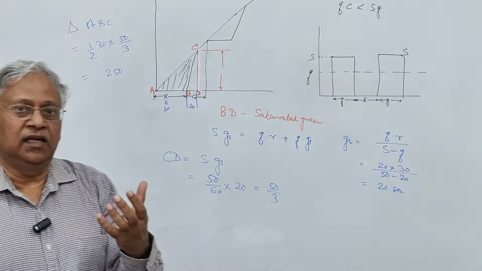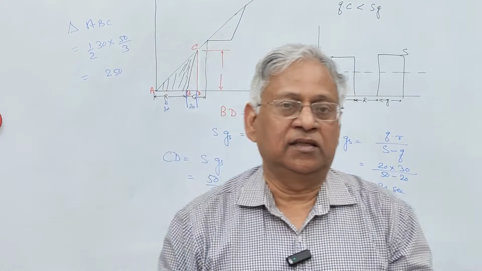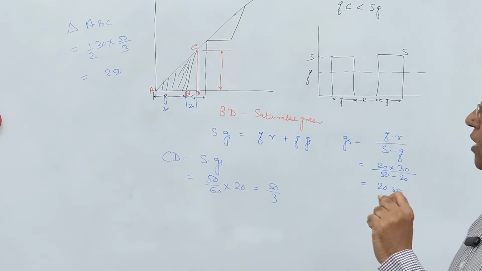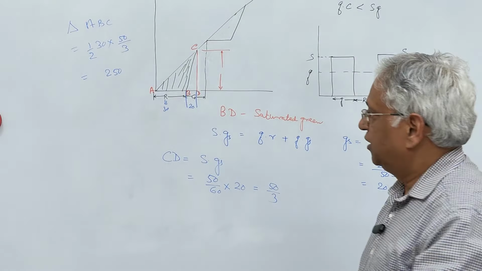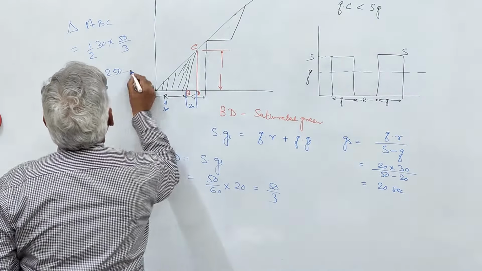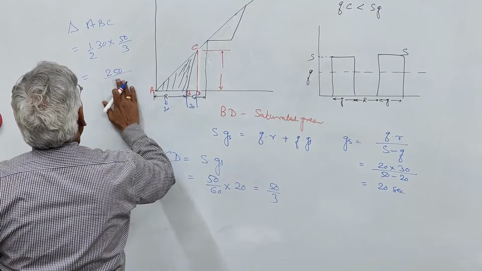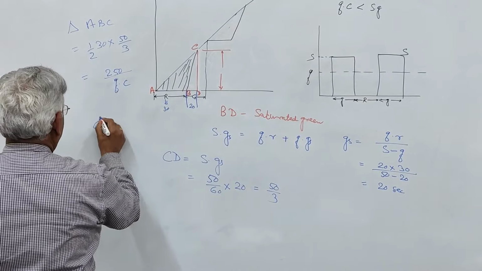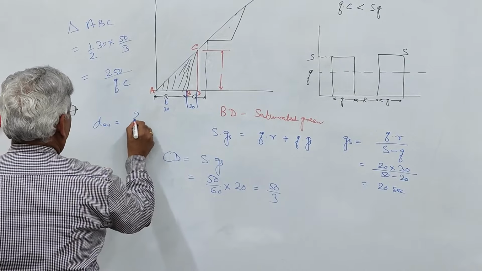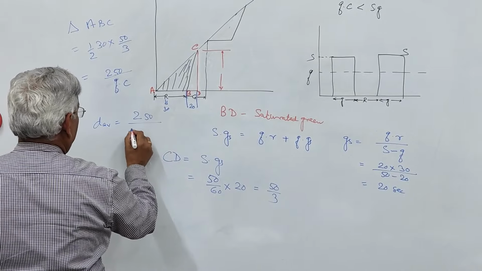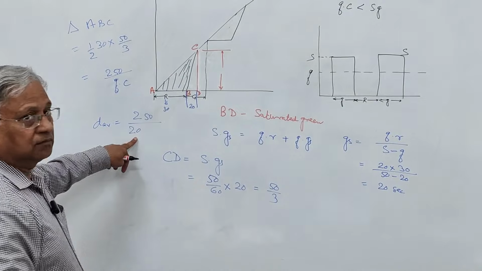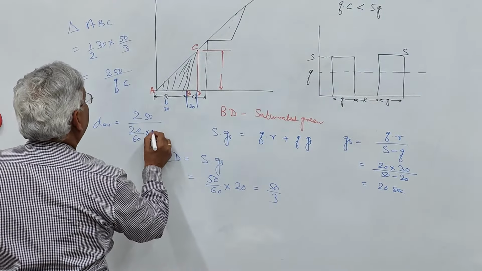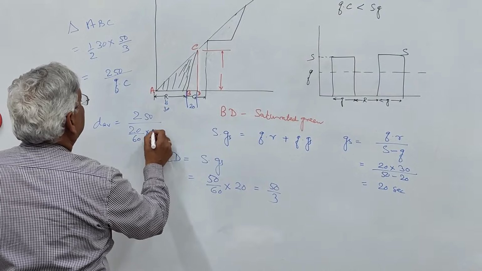That is the total delay to all vehicles which are coming in a cycle. And if you want to find out how much is the average delay, you divide this by total number of vehicles which are arriving in a cycle, that is Q into C. So D average will now be 250 upon 20 arrival rate divided by 60 multiplied by cycle length is 60.